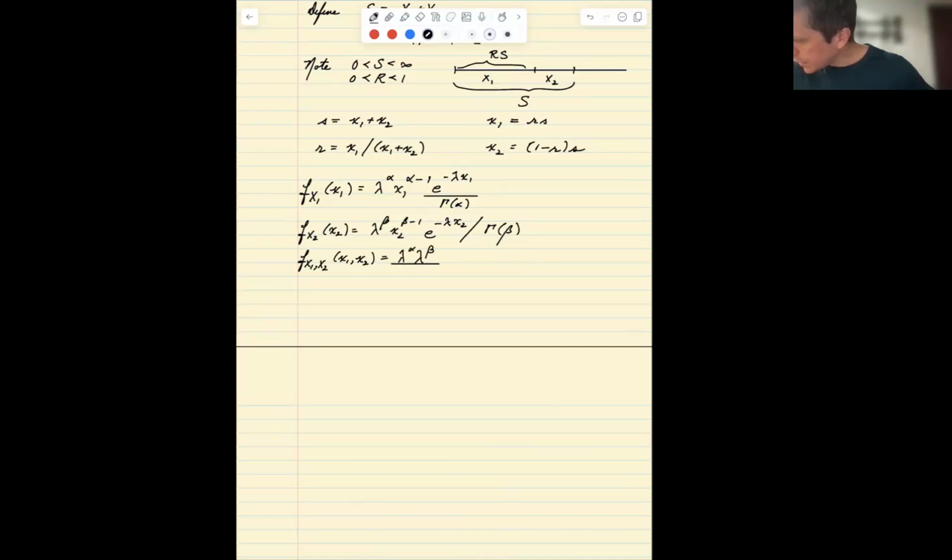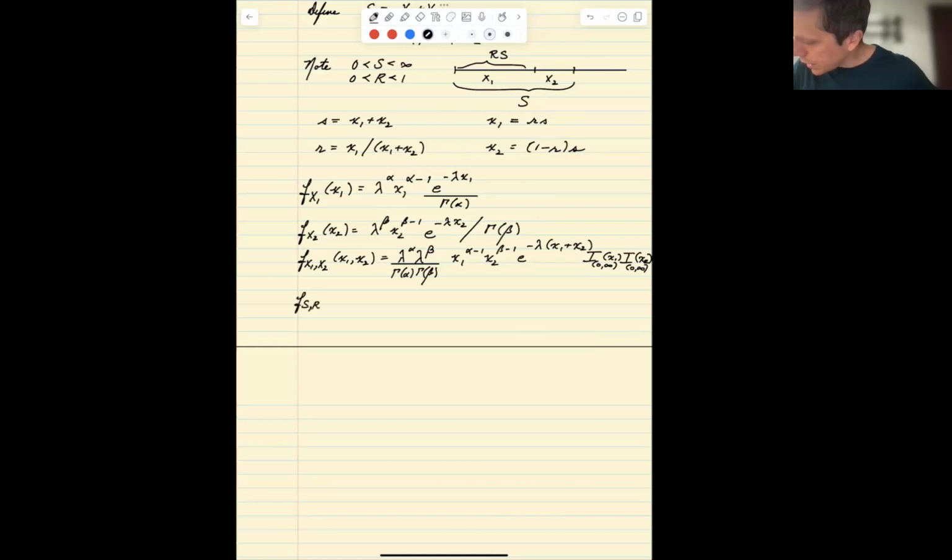Just going to group these together, gamma alpha, gamma beta, x1 to the alpha minus 1, x2 to the beta minus 1, e to the minus lambda times x1 plus x2. And this is for x1 and x2 having to be non-negative.